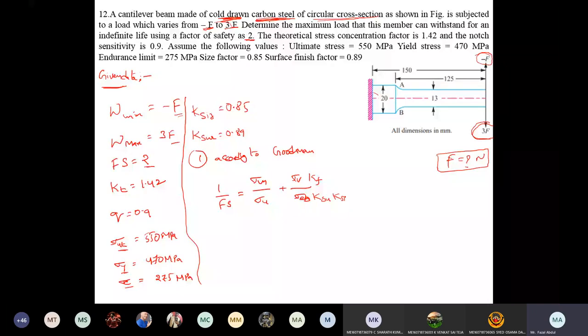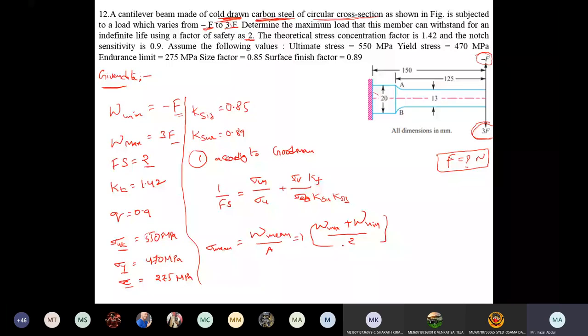First, mean stress. What is the mean stress here? Mean stress is mean load by area. What is the mean load? Mean load is maximum load plus minimum load by 2, by area. What is the area here?